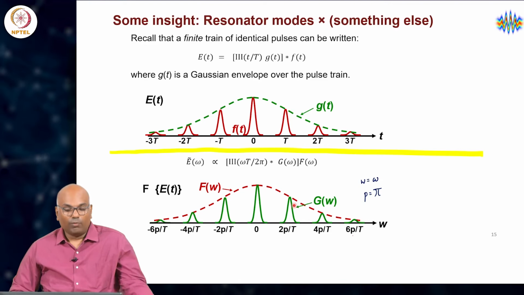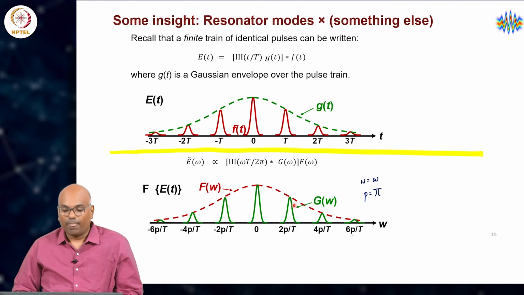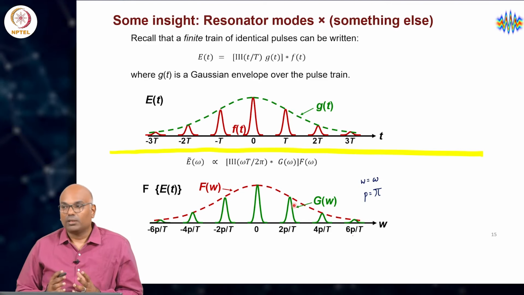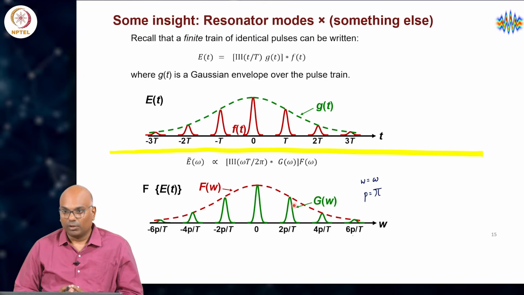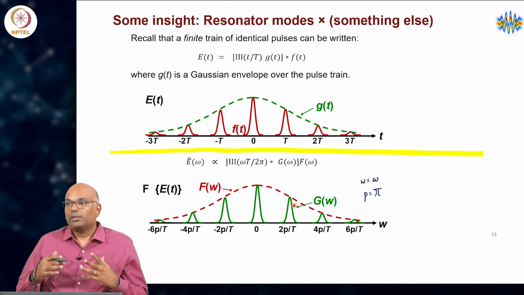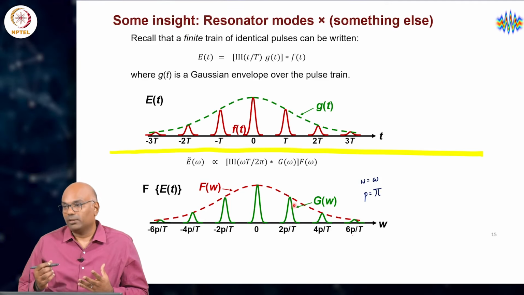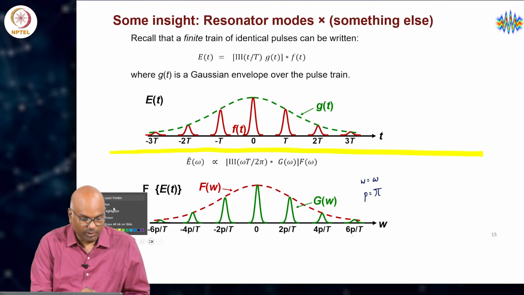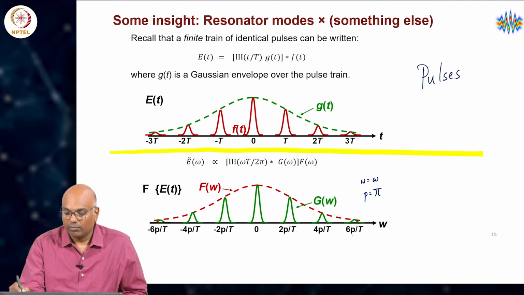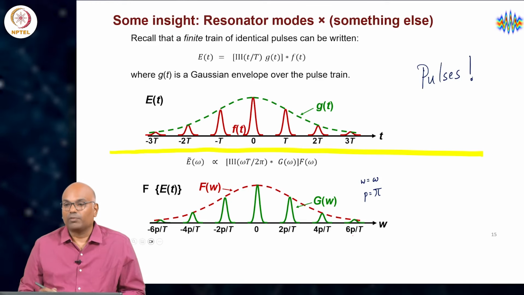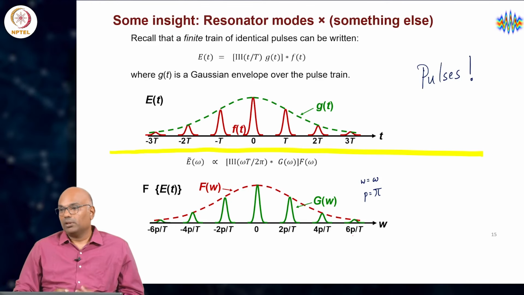So, why did we come up to all this? This tells us that if I have a Fabry-Perot interferometer or an optical resonator, that is enough to make light pulses come to light. So, we can make a source of light pulses if we have a resonator.